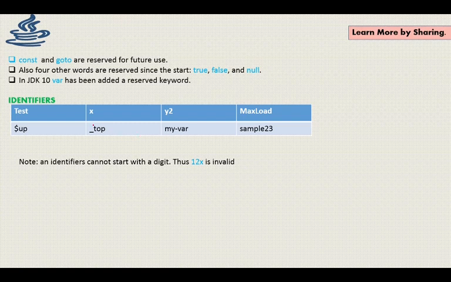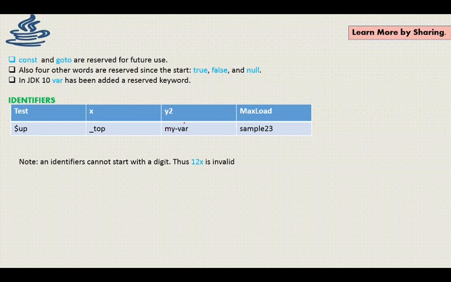You can start your variable with a capital T, or with a $ sign, like in this example. X_top, y2, my_var, maxLoad. So this can be, you see, like your class name, right? Even for your variable, it can work. Sample23. So these are just standards.